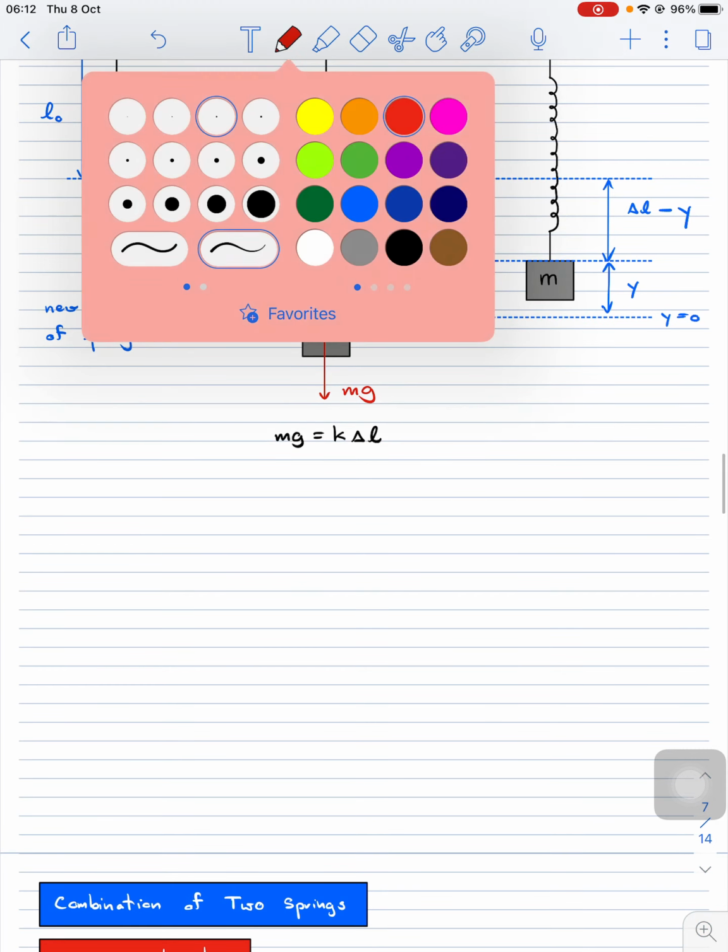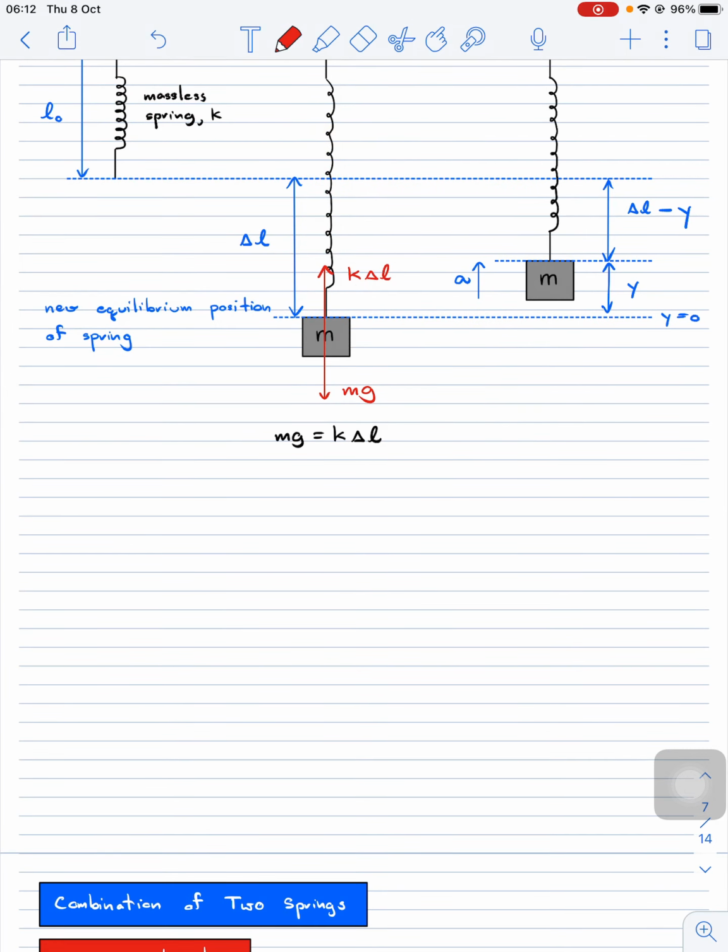So we just do the same thing: we draw the free body diagram of the block. We have the mg here as usual, and then we have the resulting force, which is equal to k times delta L minus y in this case.